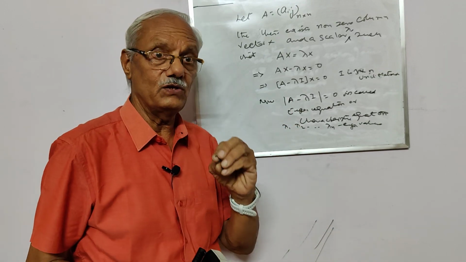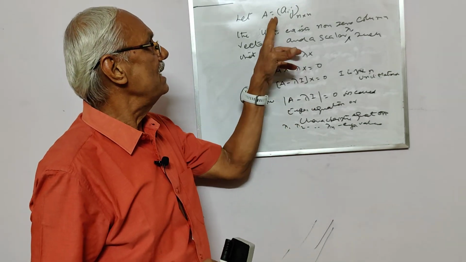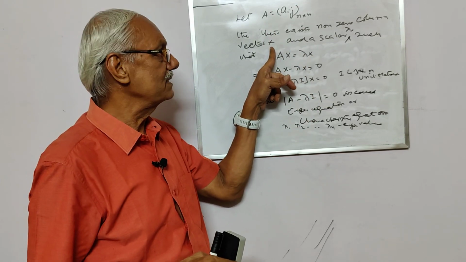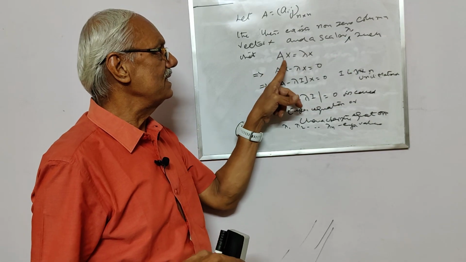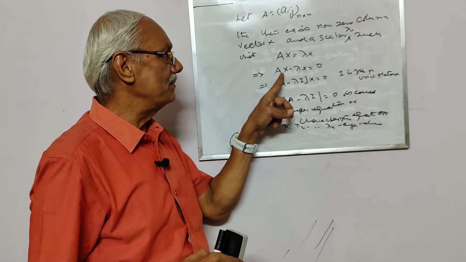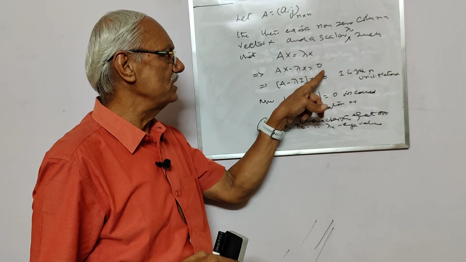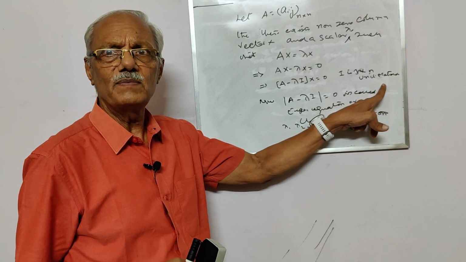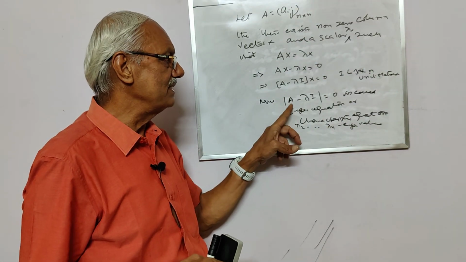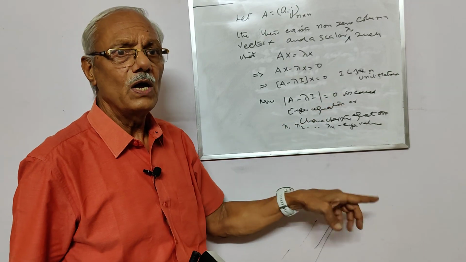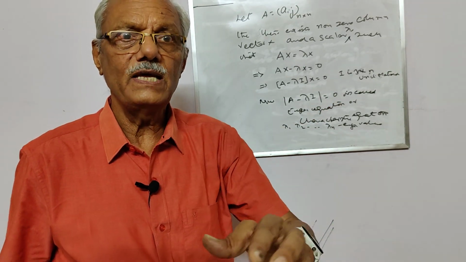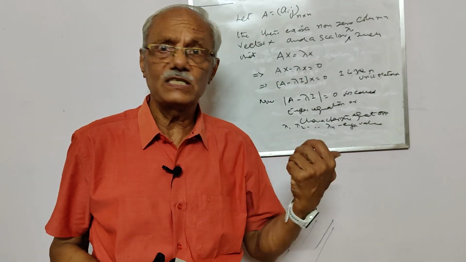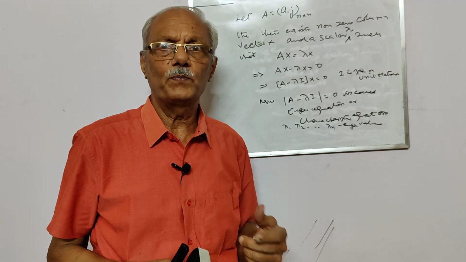So what I want to tell you now is that if A is a square matrix, then there exists a column vector x and a scalar lambda such that Ax is equal to lambda x. This can be written as Ax minus lambda x is equal to 0, A minus lambda I of x is equal to 0, where I is the n cross n unit matrix. The determinant of A minus lambda I equal to 0 is called the characteristic equation or eigen equation. Understand that this is a polynomial.